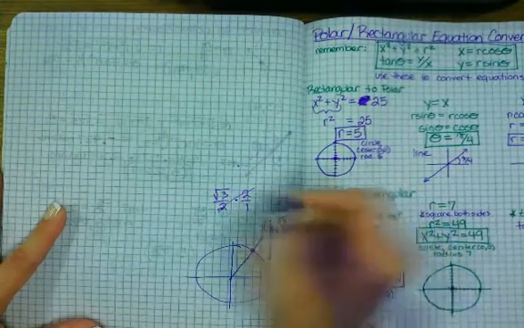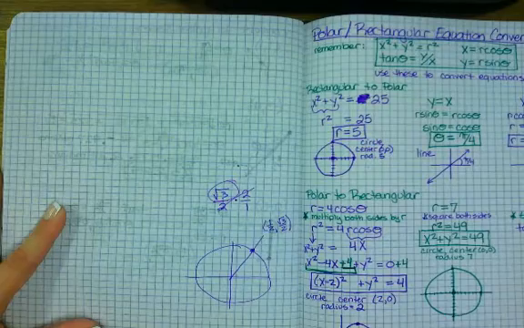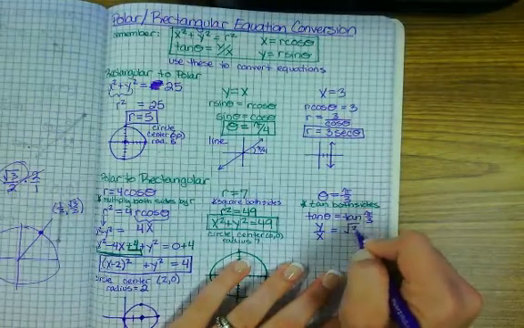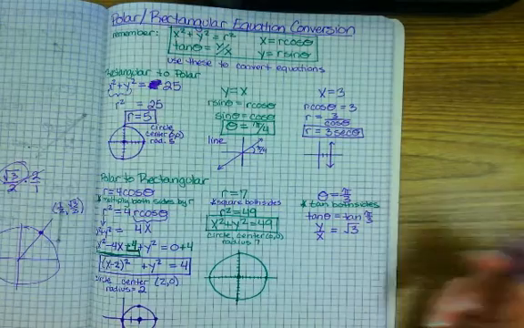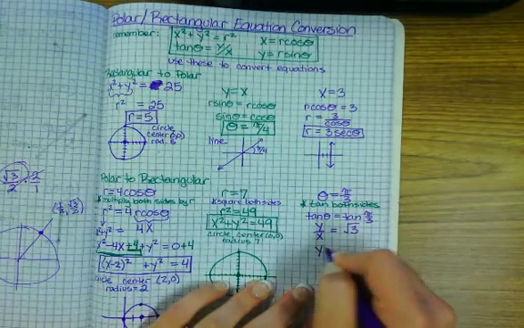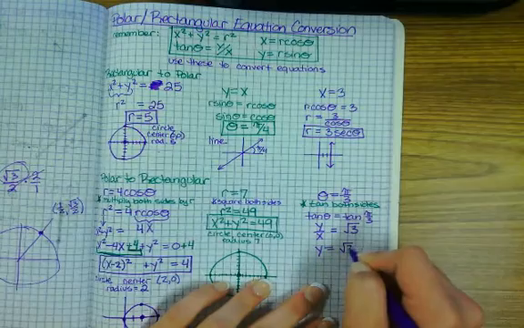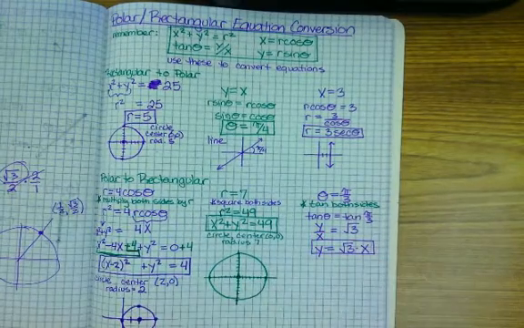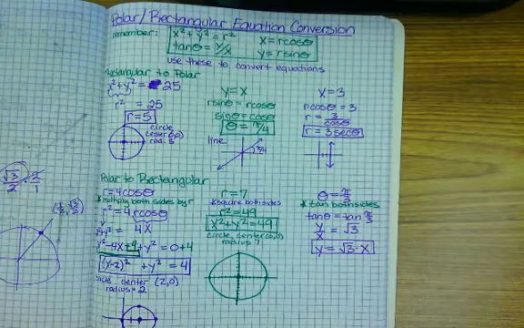So the 2's cancel, the tangent would just be square root of 3. So the tangent of pi over 3 is the square root of 3, which is your slope, because you multiply both sides by x, you get y equals the square root of 3 times x. So it's a line that crosses through the origin with a slope of the square root of 3.